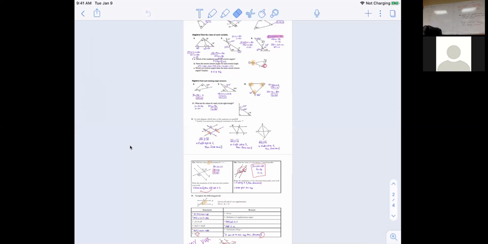I got a decimal. So I need actual statements. So if you move 144, well, you can't move 144 there. We can move it on the inside. 3x and that angle are corresponding. So then this could be 3x.